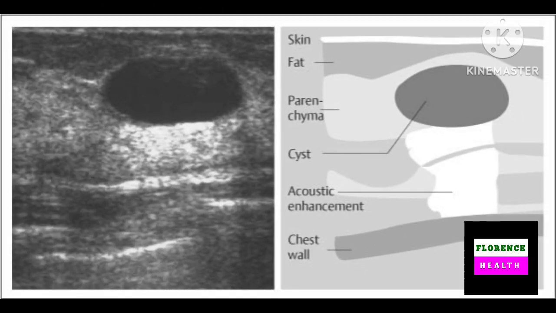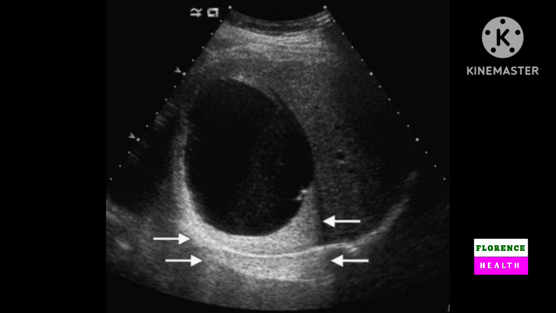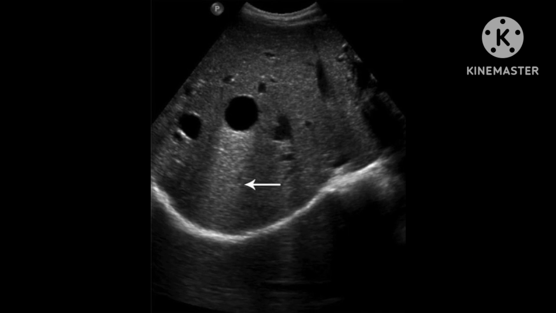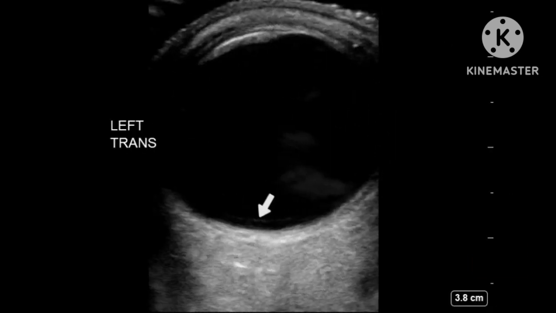This slide shows a cyst containing clear fluid inside as it is purely anechoic and jet black in color, and the area just posterior to it has posterior enhancement or posterior acoustic enhancement due to less beam attenuation. The area just posterior to the cyst is more scannable, with more resolution and more echoes, for which it is brighter than the surrounding area.